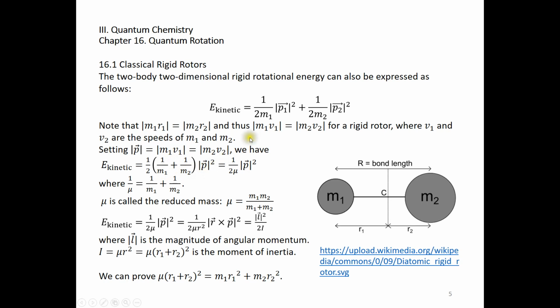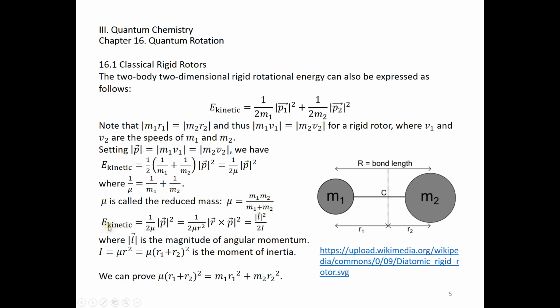Again, it's just because p1 is equal to p2. Now we have this expression 1 over 2 mu times p squared. Here 1 over mu is defined to be 1 over m1 plus 1 over m2. Mu is called the reduced mass of the two-body system. If we take the reciprocal of both sides, mu is m1 times m2 over m1 plus m2.